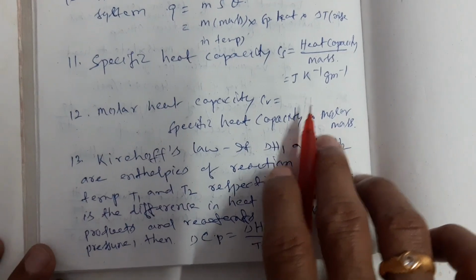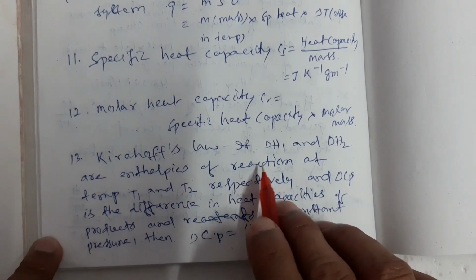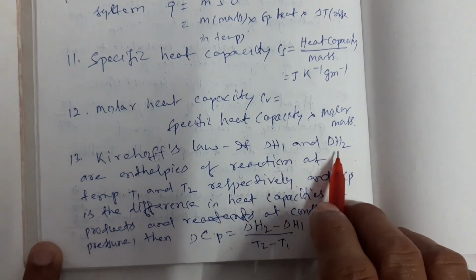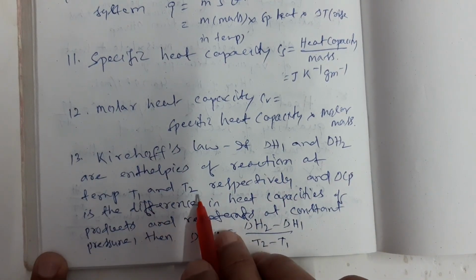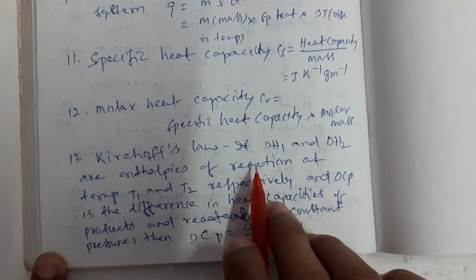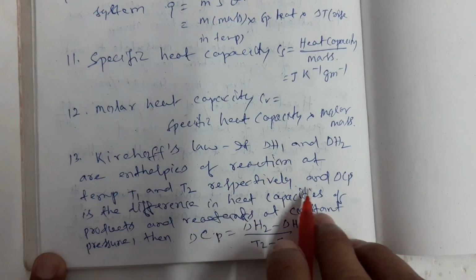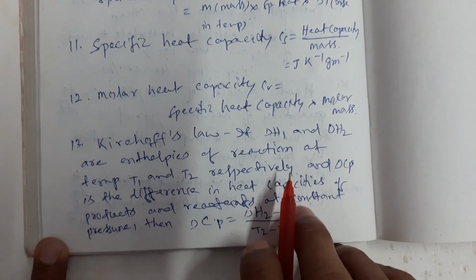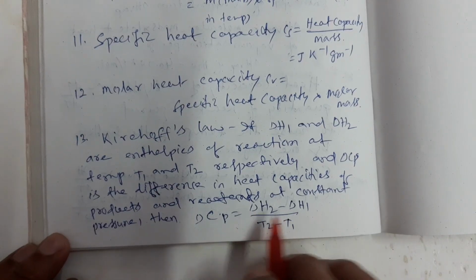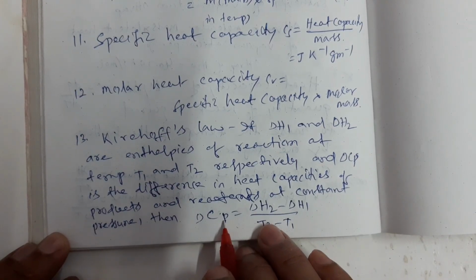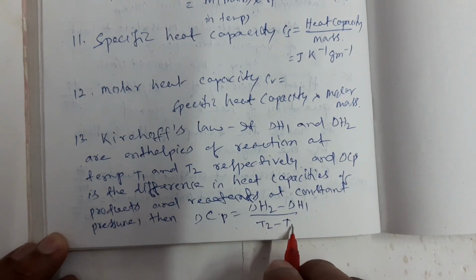Next is Kirchhoff's law. What is Kirchhoff's law? If delta H1 and delta H2 are enthalpies of reaction at temperatures T1 and T2 respectively, and delta Cp is the difference in heat capacities of products and reactants at constant pressure, then delta Cp is equal to delta H2 minus delta H1 by T2 minus T1.